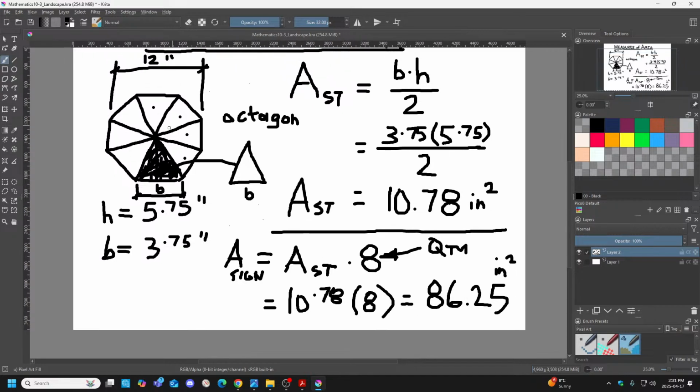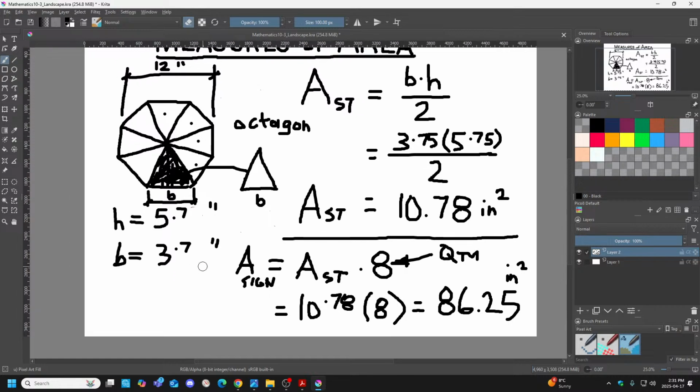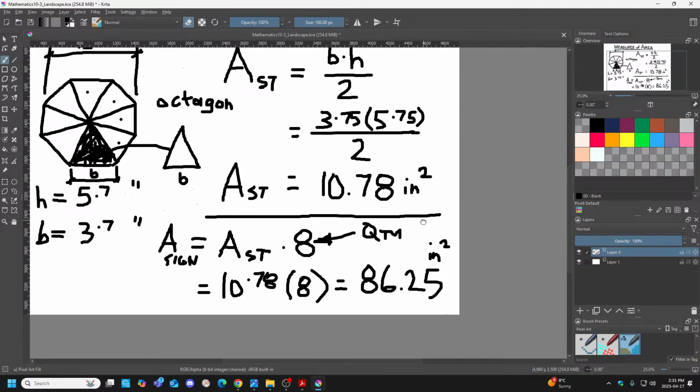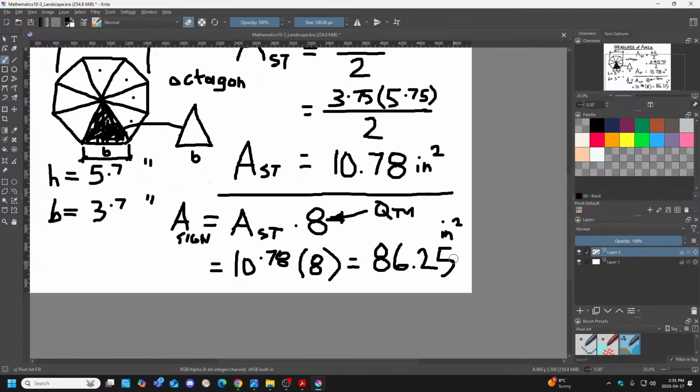So if the question, let's say, just so you understand what I'm putting down here. Okay, let's say the question was only to that, okay, 5.7. Therefore, I'm going to have my final answer to the nearest tenth, okay?